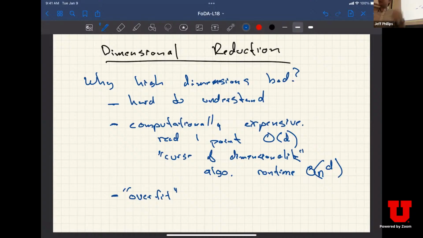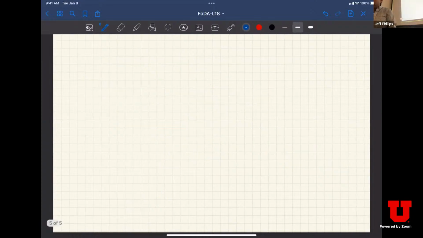Lower dimensions seems nicer. Sometimes you want the dimensions for flexibility in modeling, but sometimes you don't want to go too far. There's probably some sweet spot, and if you have too many, you want to get back down to a smaller number.